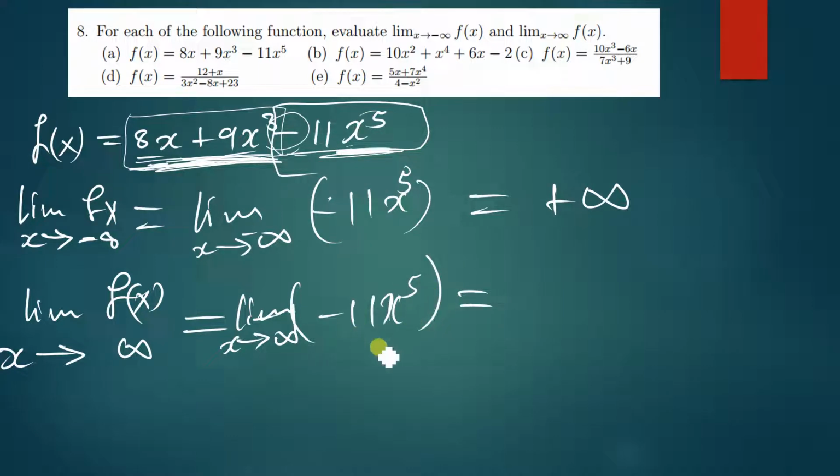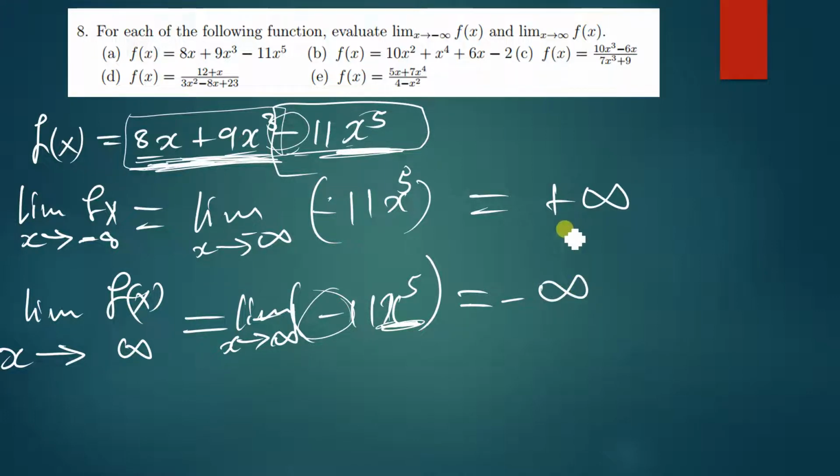When we put any positive bigger number here, let's say 1 million or 1 billion, and raise it to the power 5, as long as the number there is positive, multiplied by the negative number means that every answer we get will still be a negative number because of this negative in front of 11. Hence the solution here becomes negative infinity.